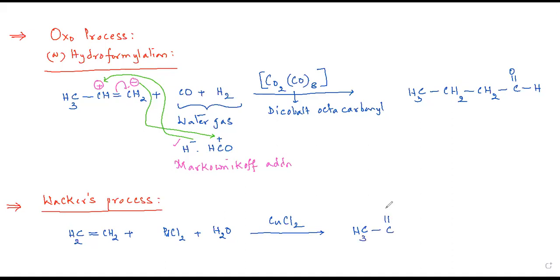CH3, C double bond O, H. A simple reaction, you can eliminate HCl, just add this oxygen to ethylene, right? Of course, after rearrangement, you get an aldehyde, then of course, palladium along with that HCl. So this is called Wacker's process, a preparation method of aldehyde.